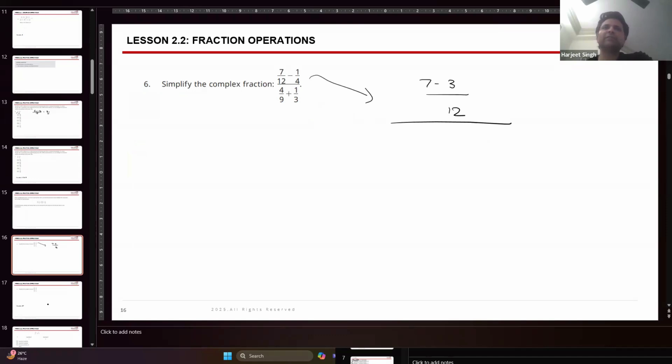And in the denominator, we have 9 as the LCM. So that becomes 4 plus 3. So 4 by 12 is 1 by 3 into, and division is 7 by 9. So that goes in the numerator. So 9 by 7. 3 by 7 is the answer.